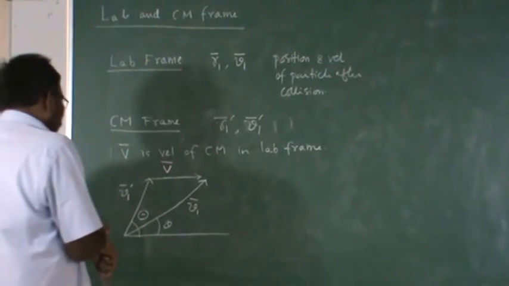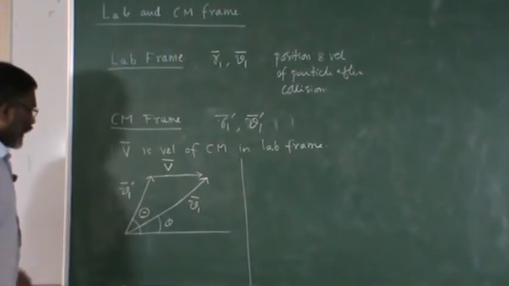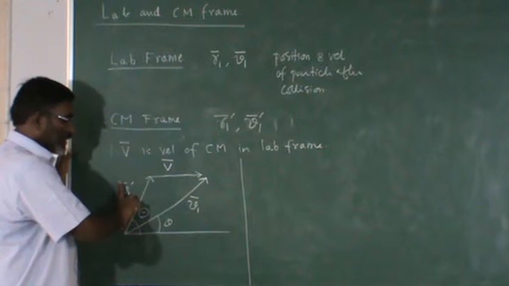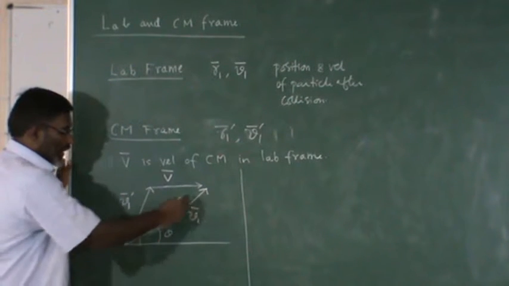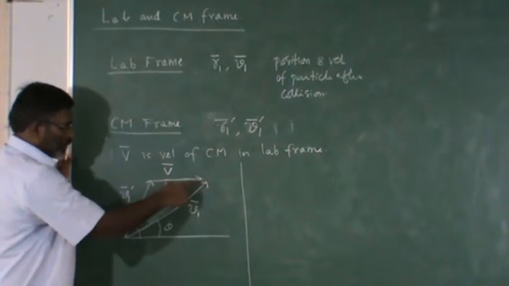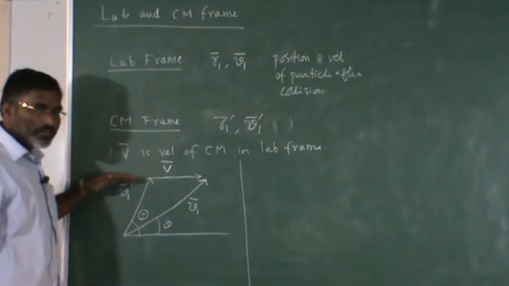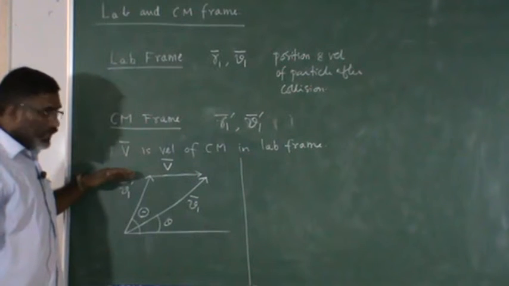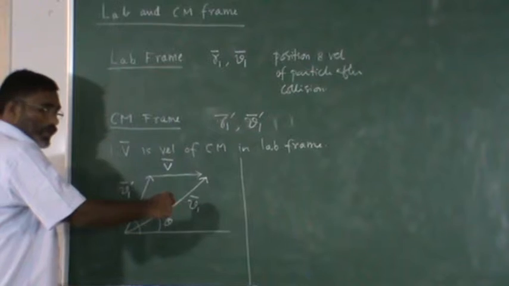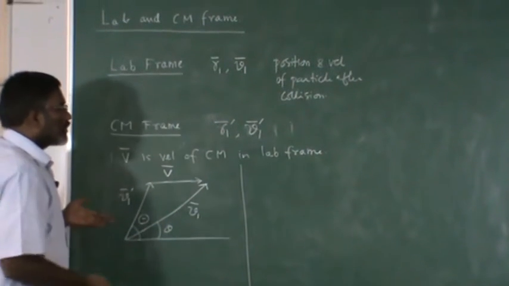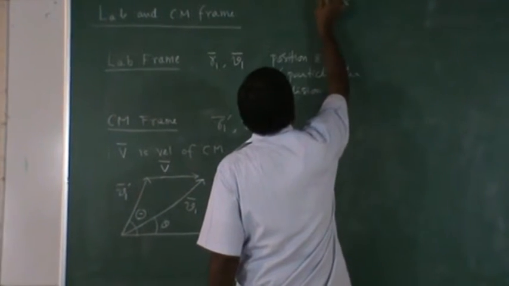Okay, so from this, we can write down the following equations. As far as the vertical component is concerned, both have the same vertical component, correct? Because the projection is going to be the same. This is parallel to this, so the projection is going to be the same. Can the center of mass move in some other direction? Why should it go along the initial line? Well, the situation in the lab is that this is at rest and this is coming in this direction.